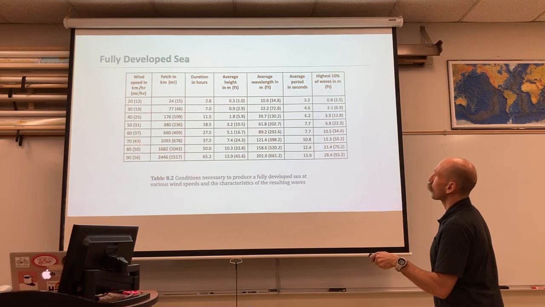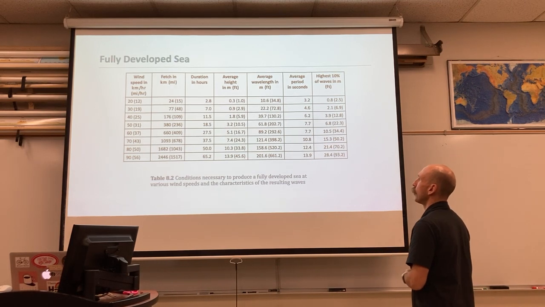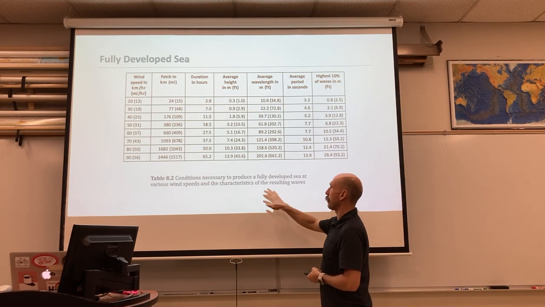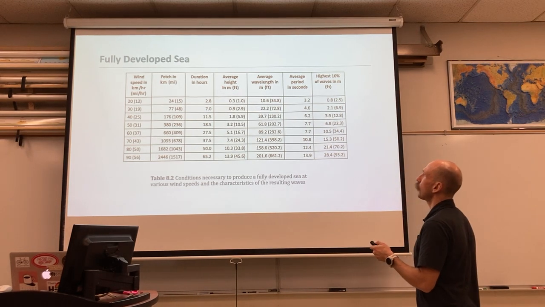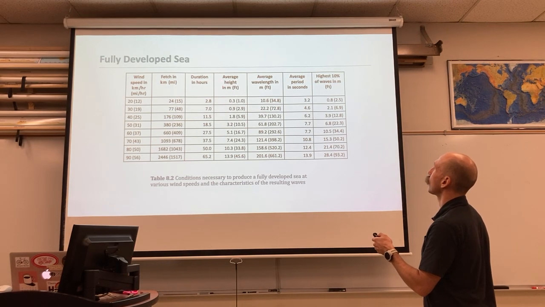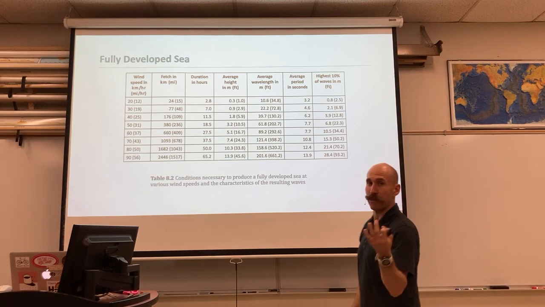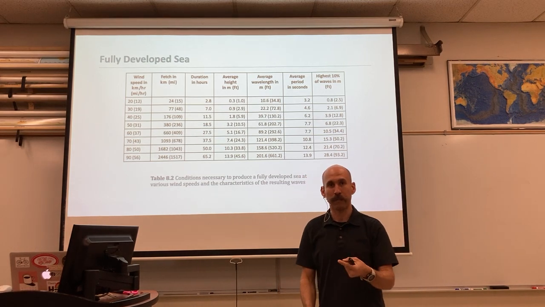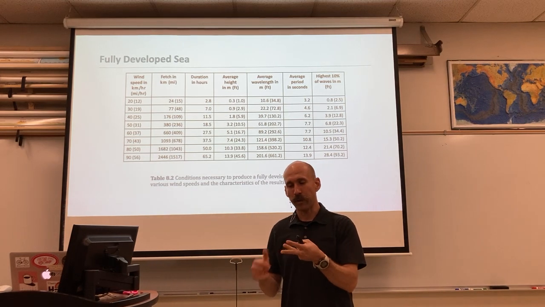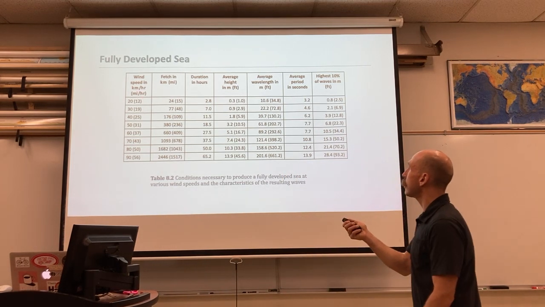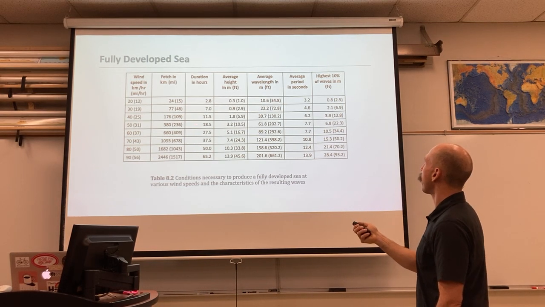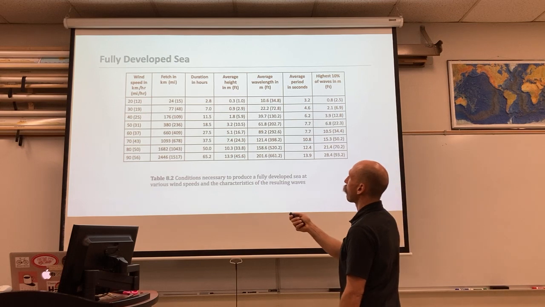We can look at certain conditions to develop swells in a sea. And it's going to depend on a variety of factors: the wind speed, the fetch, the duration, right? We talked about these three factors being important for developing waves. How fast is the wind blowing? How long is the wind blowing and over what area? And what we see is that it is an increasing amount of energy from increased wind speed.